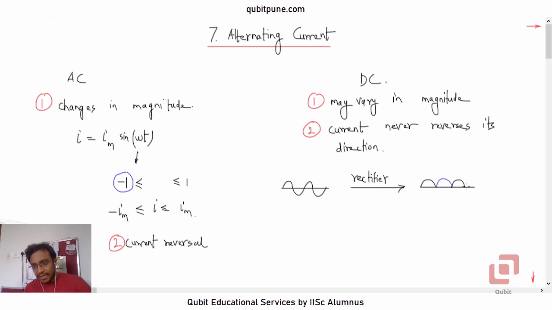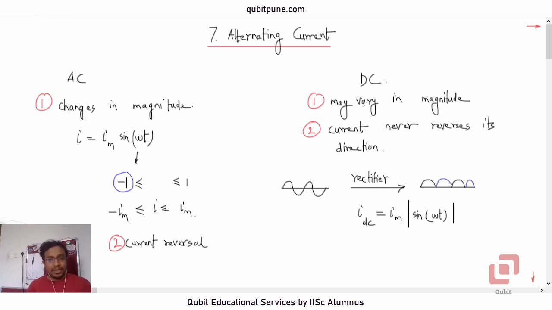Because the direction of the current doesn't change, it is not alternating current, but it also does not have constant magnitude. It varies sinusoidally, and here I can write IDC as Im into mod of sin omega t. So please understand that even a DC can change its magnitude, but it cannot change its direction.